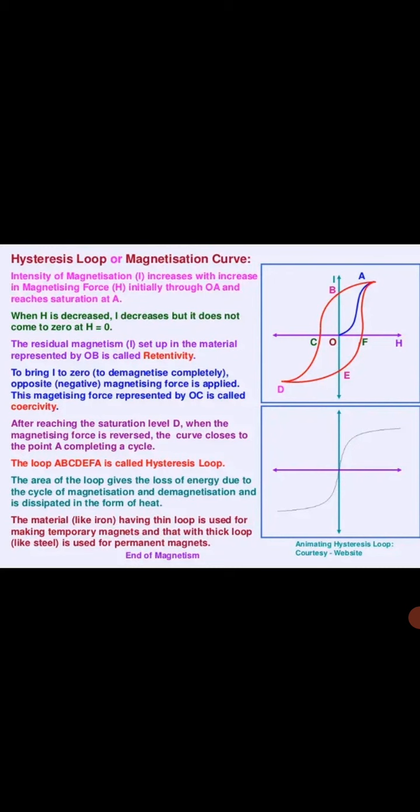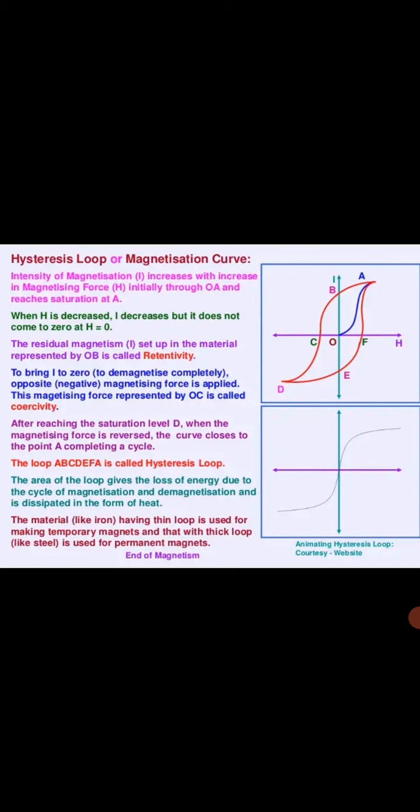Intensity of magnetization I increases with increase in the magnetizing force H, as indicated in the diagram. Initially it follows the path OA.